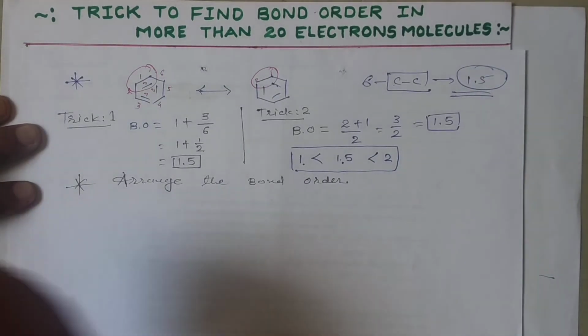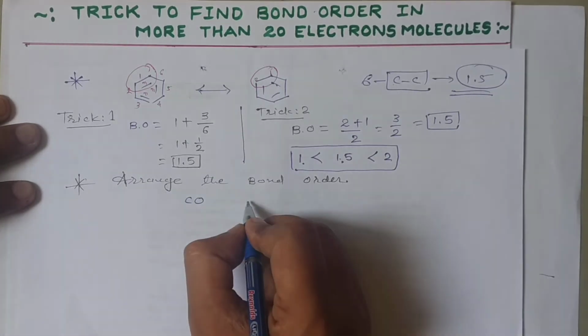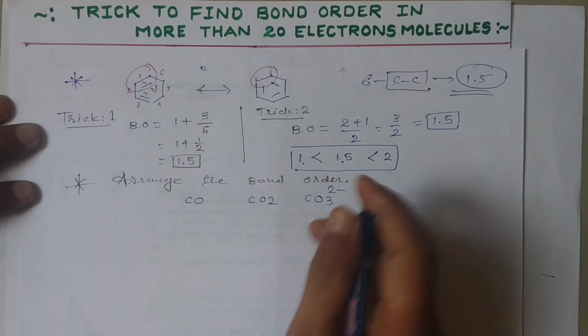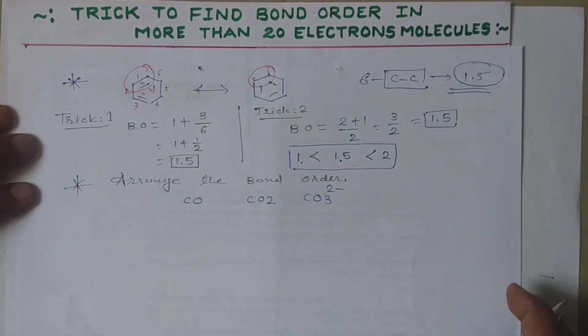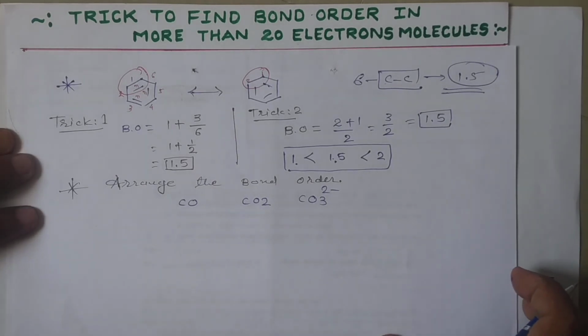Here we have to arrange the bond order. The example is as follows: CO, CO2 and CO3 2 minus. Here we have three examples: CO, CO2 and CO3 2 minus. We have to arrange all these molecules in order of bond order.